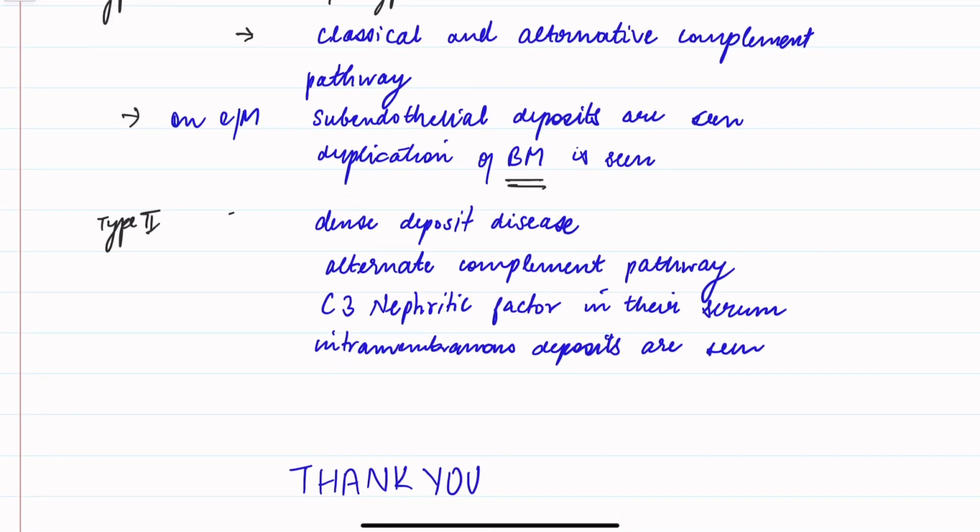Type 2 is dense deposit disease, and it is due to activation of alternate complement pathway. You will see C3 nephritic factor in their serum, and intramembranous deposits are seen on electron microscopy.